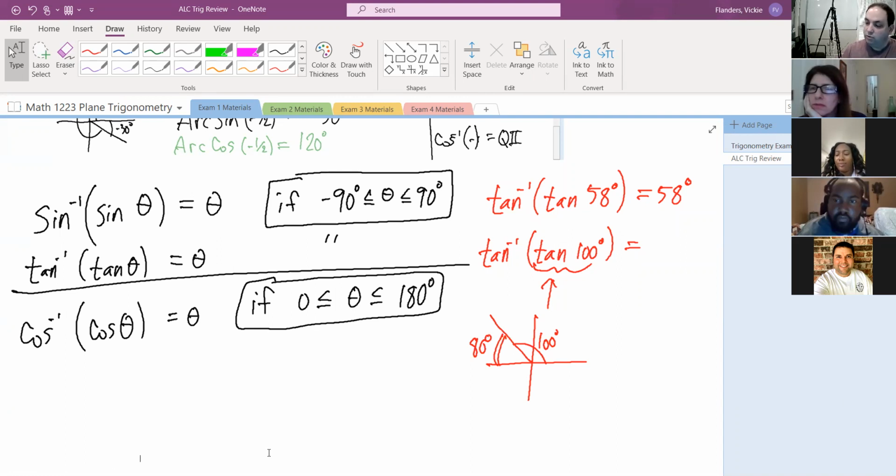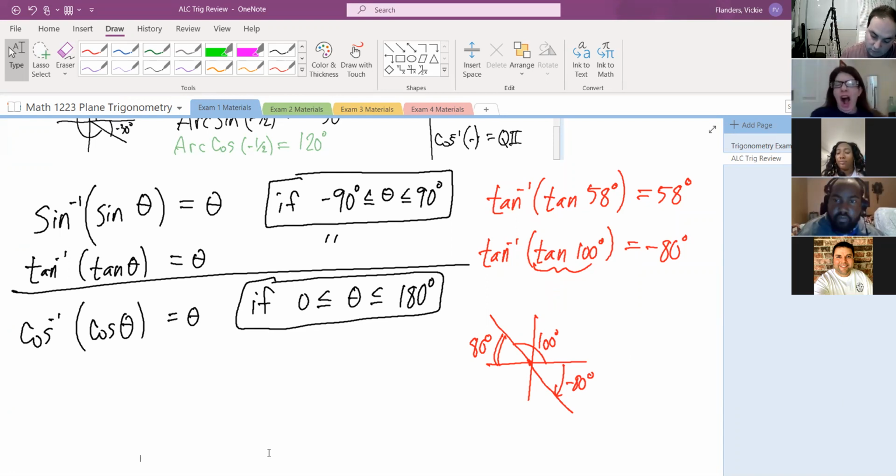So it's going to be in quadrant 4 in this same region here. And it's got to be symmetric in size. Notice the negative 80 is right there. So that's what we're going to get. We're going to get negative 80 degrees for this. If you punch that in your calculator, inverse tangent of the tangent of 100, you'll notice it gives you a negative 80 for the result.